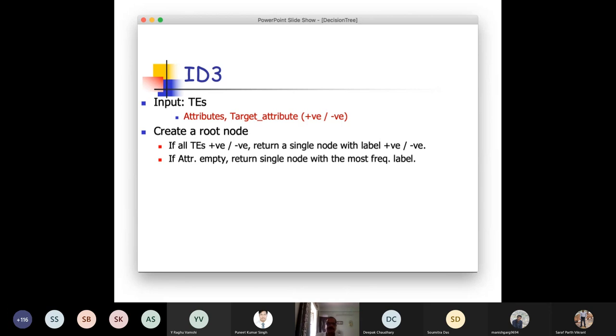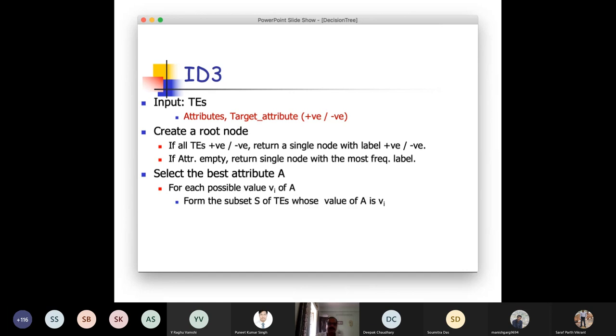But naturally, if attribute is empty, return a single node with the most frequent label. So that is one of the things, if you find that your attribute space is also not there. So select the best attribute A, and for each possible value vi of A, you are doing it. It is basically a recursive definition. So you form the subset S of T whose value of A is vi.